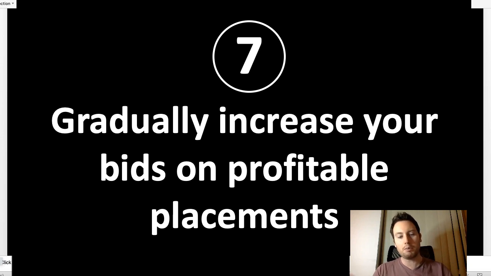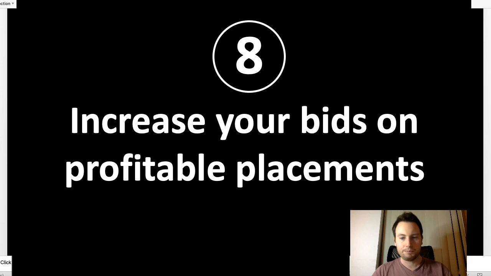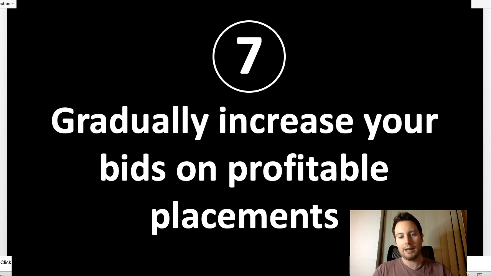You have to remember you're up against other people in native ads who may have already built up this data and are aware of how much they should be bidding at certain widget ID level if they've got profitable campaigns. That's where you will need to get to, and that's why gradually increasing over time, again with rules if you want, will make that campaign a lot more profitable in the long run.